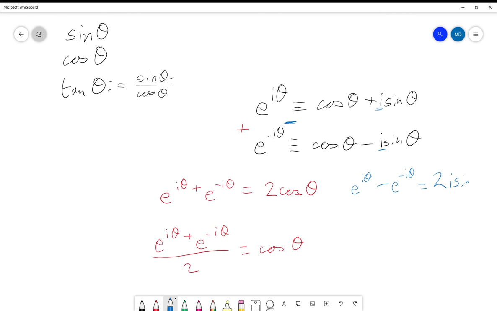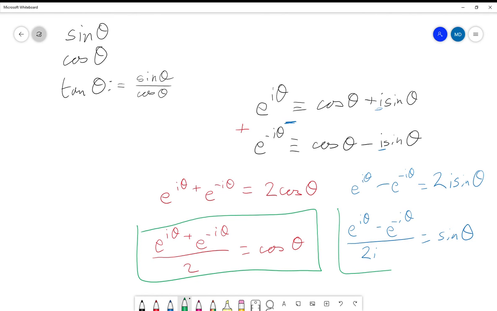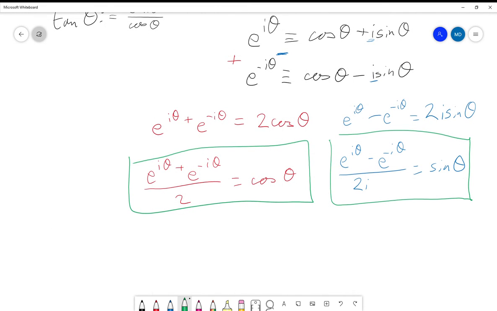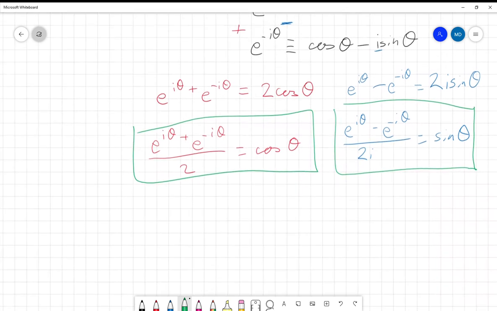Then we get e to the i theta subtract e to the minus i theta divided by 2i is sine theta. We can take these two statements as the definitions of sine and cosine, and it leads us to an interesting question.